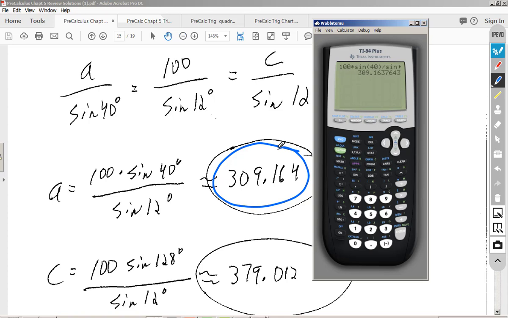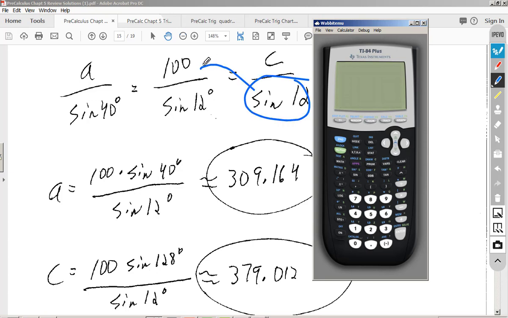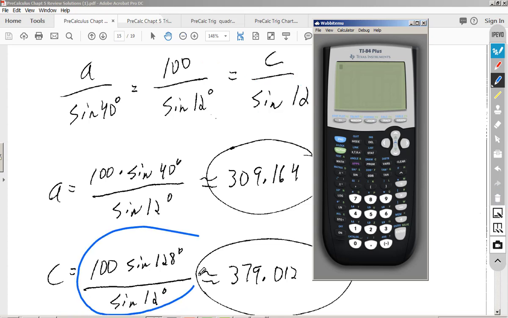Now you can repeat that exact same process to find out what side C is going to be equal to. So to find side C, we just have to take the sine of 12 and multiply by it. So here would be our formula right here. So I got 100 times the sine of 128 divided by the sine of 12. Just go ahead and put that into your calculator.